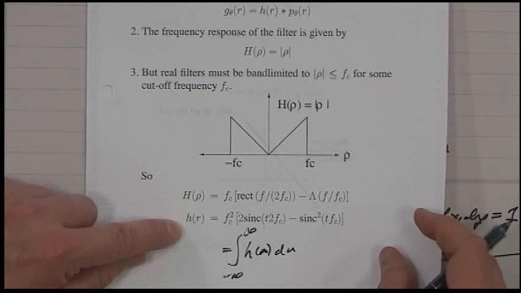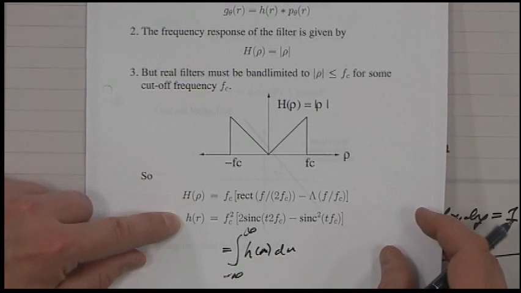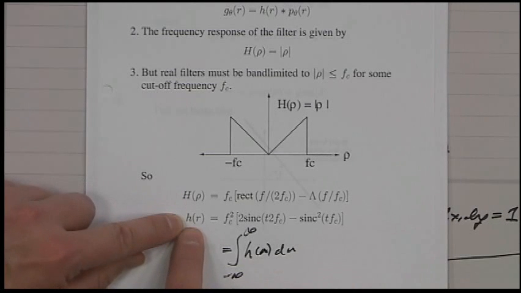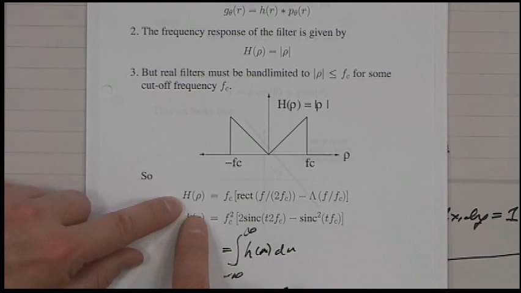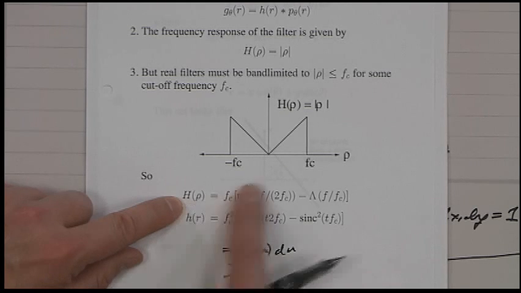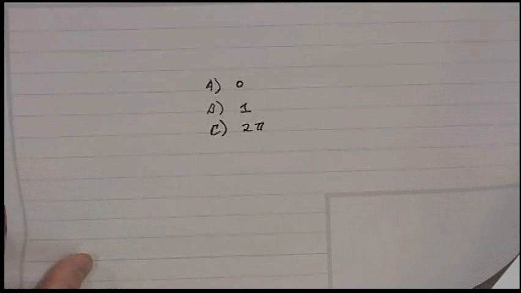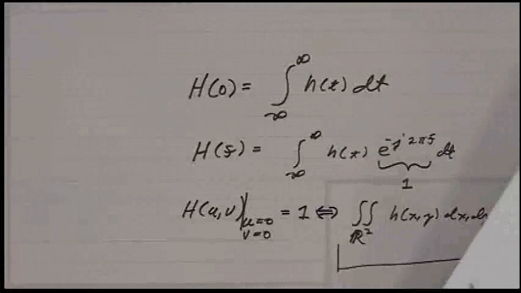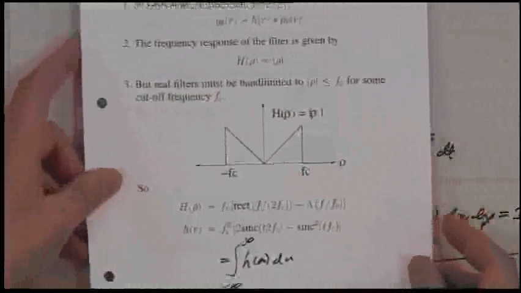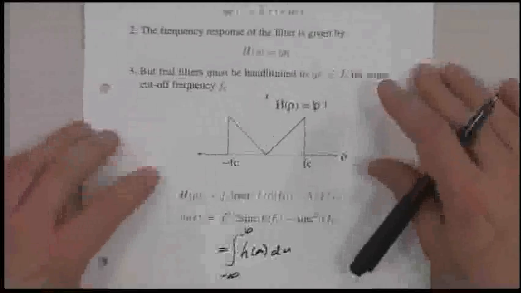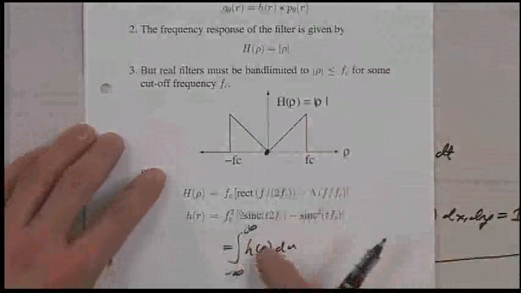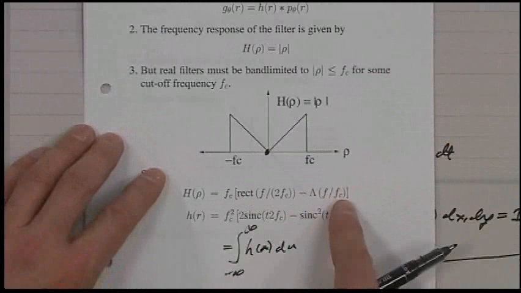That's by definition. These are Fourier transform pairs, right? So what's the integral of the area under h of r? It's going to be this H of 0, right? And what's H of 0? 0. So it was answer A, the most likely answer to any question. Although it'd be better if you actually know why it's true. But anyway, the impulse response of this filter has an integral of 0.